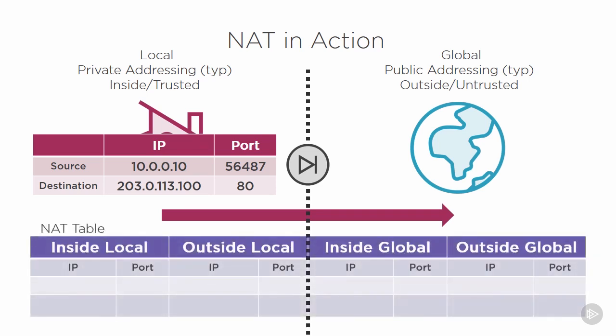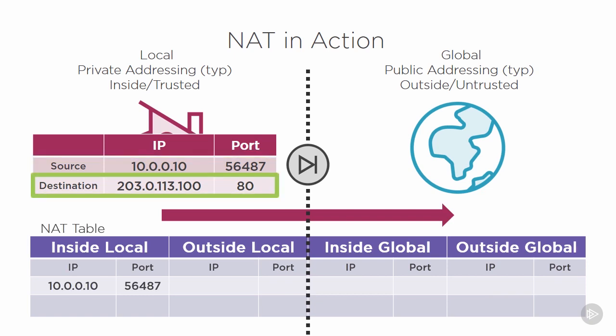The way that we get NAT to work is before we send the message out to the global network, as it arrives on our firewall and there's a NAT rule to be applied, we will record our source IP address and port number as the inside local address, meaning this is our source IP address on the local side of our NAT translation.